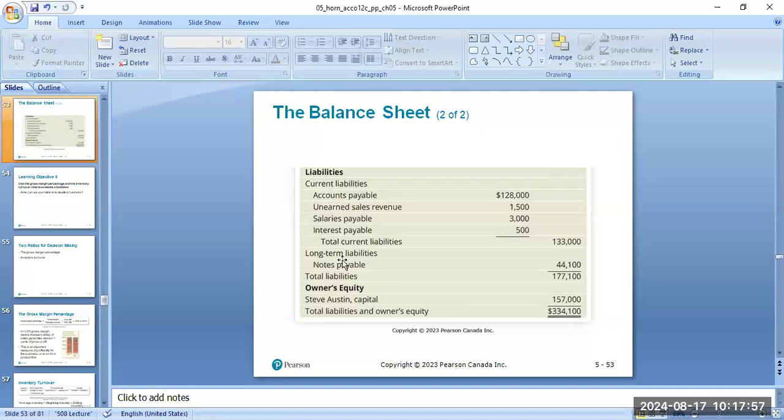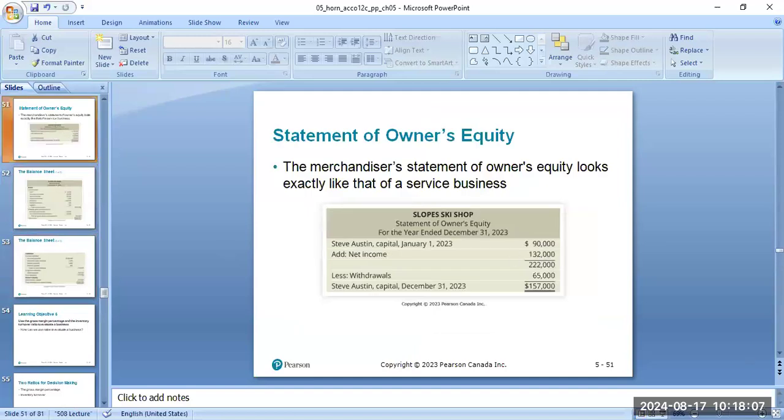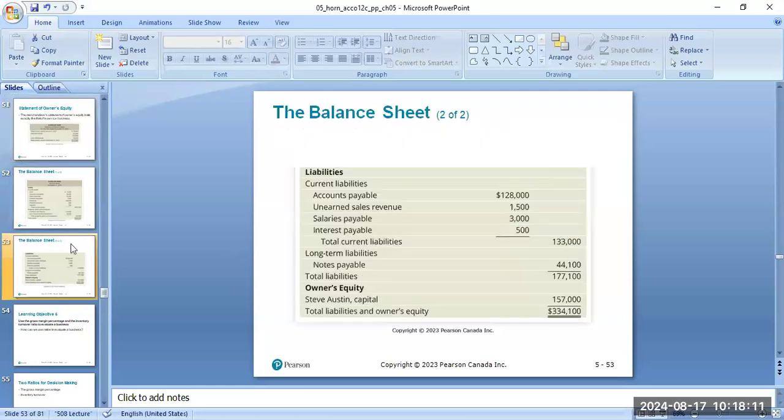Liabilities, current liability, long-term liability, total liabilities, owner's equity, or only the capital account, which comes from the statement of owner's equity, 157. 157 is going to come here on the balance sheet, and total liability and owner's equity. Our job is done.